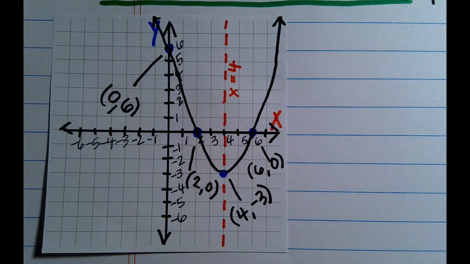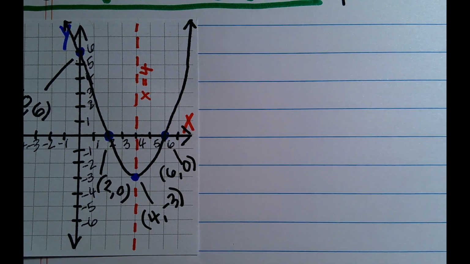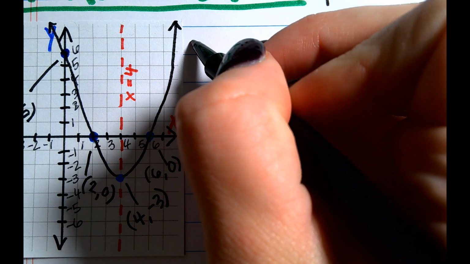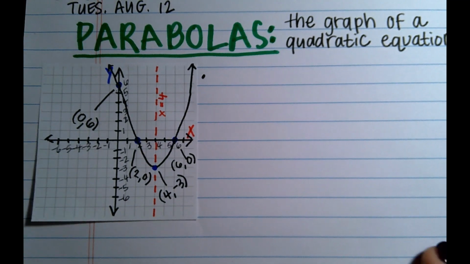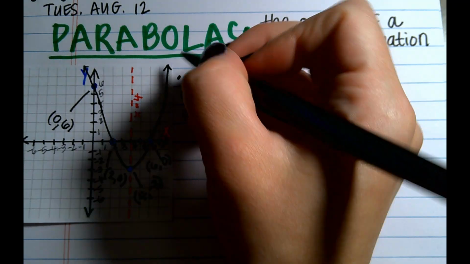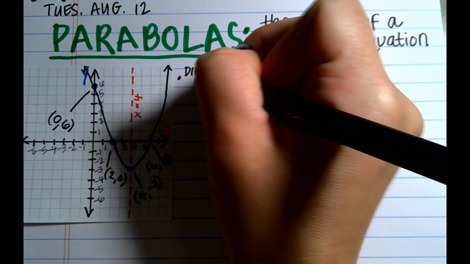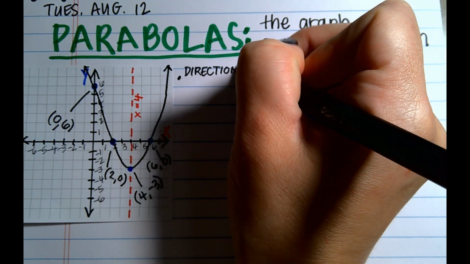All right, so what I will do now is just shift this over slightly so that we can still see this really well. And the first thing we're going to write is direction, D-I-R-E-C-T-I-O-N.